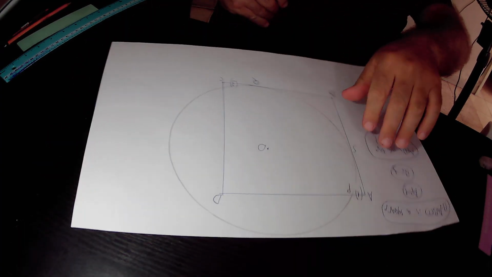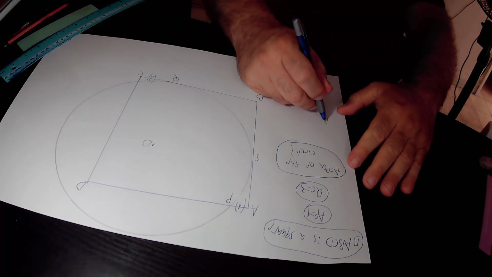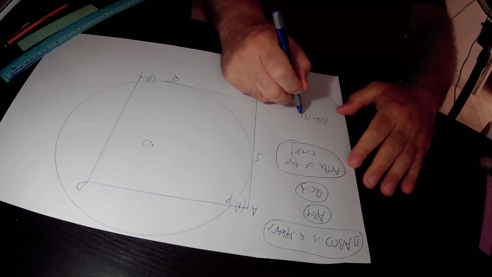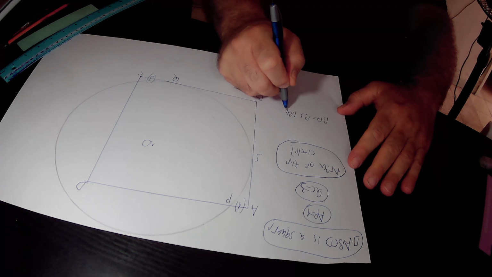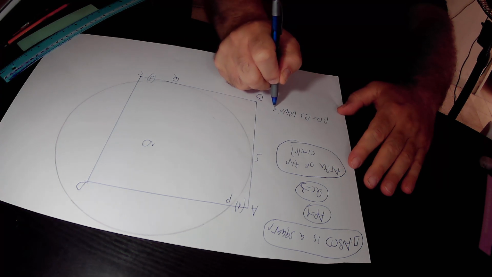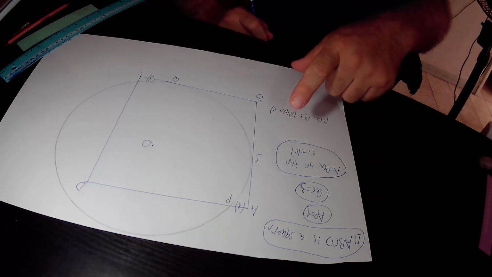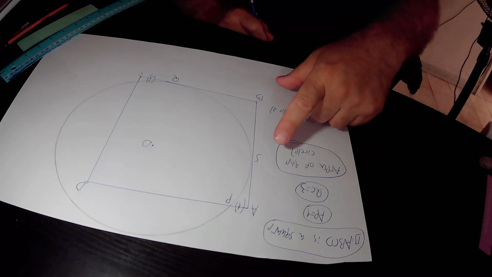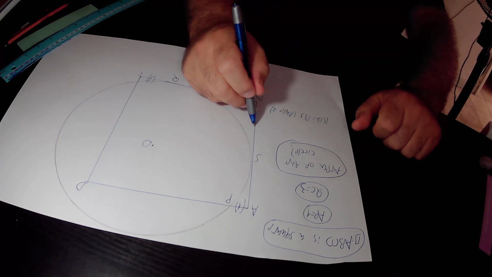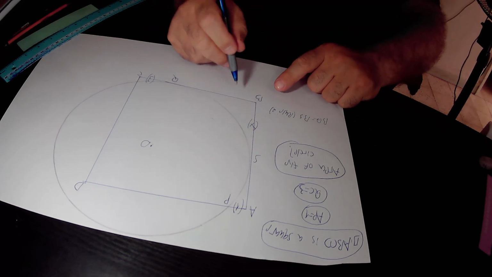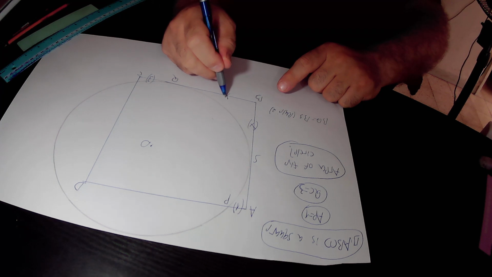So I write it down: tangent BQ equals tangent BS. If we define the length of tangent BS as x, then the length of tangent BQ must also equal x because they are equal in length.